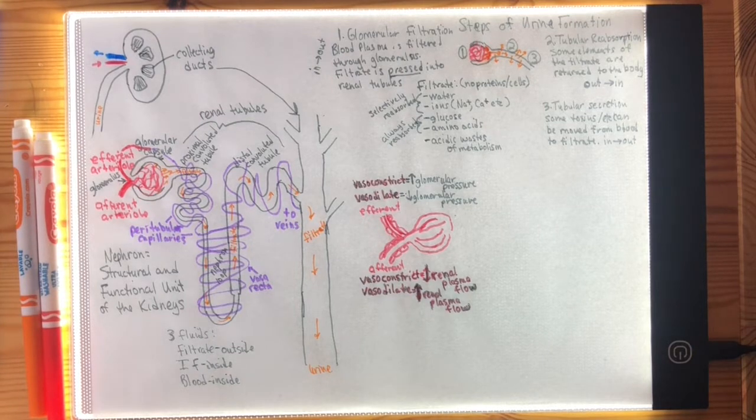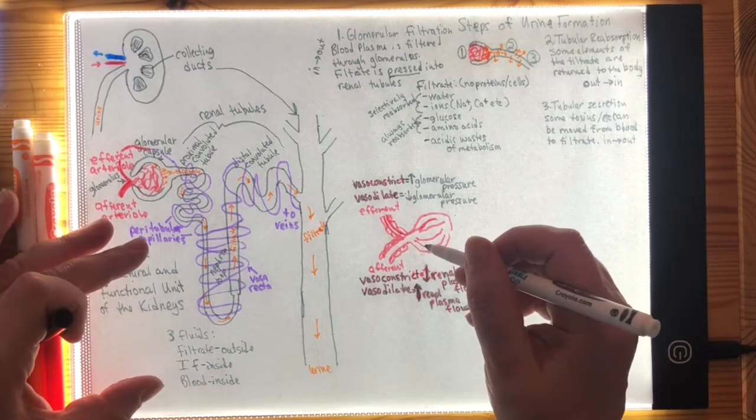But you have to work your way around that efferent arteriole and think about the backing up of that fluid and how that would change what happens inside of the glomerulus and how much pressure is exhibited in there, which we're going to talk about in a moment, called HPGC, the hydrostatic pressure of the glomerular capillary.